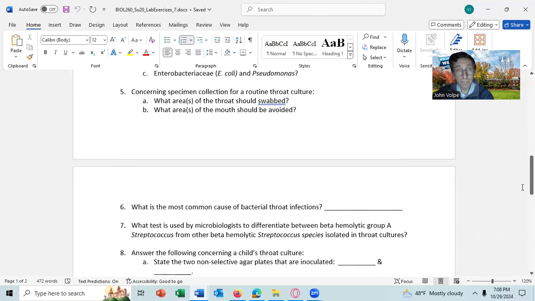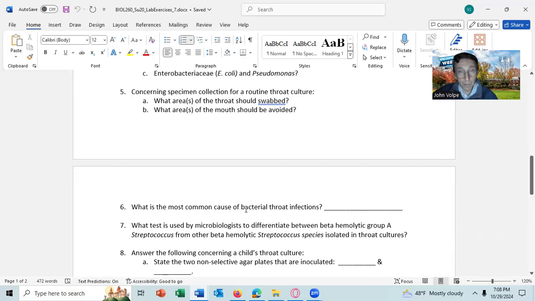For 5, concerning specimen collection for routine throat culture, what areas of the throat should be swabbed? And 5B, what areas of the mouth should be avoided? For question 6, name the most common cause of a bacterial throat infection.